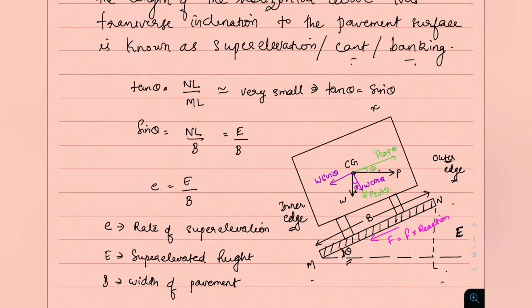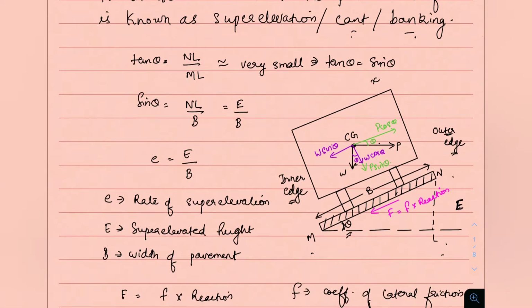But tan theta being very small, we can take that equal to sin theta. Sin theta is opposite by hypotenuse, that will be equal to NL by MN, and MN is the width of pavement. So we have sin theta equal to capital E by capital B. We know that sin theta is equal to small e, the rate of superelevation. So we get the derivation as small e is equal to capital E by B.